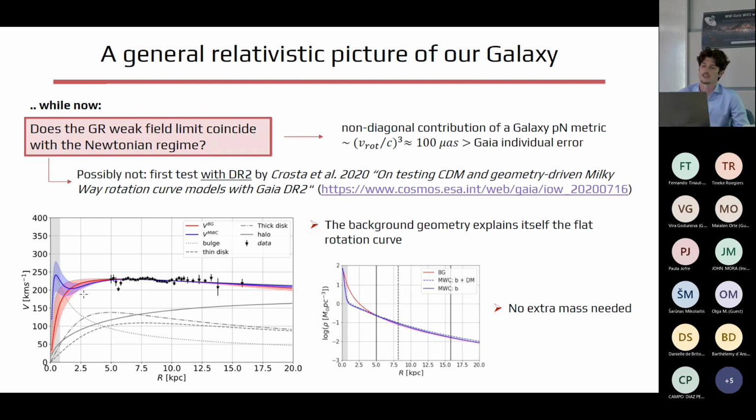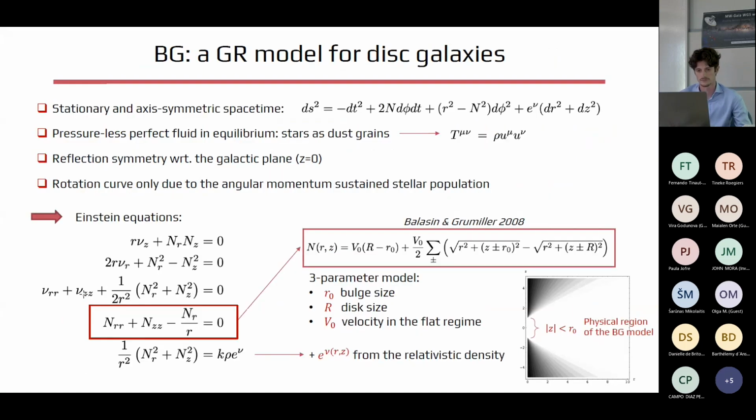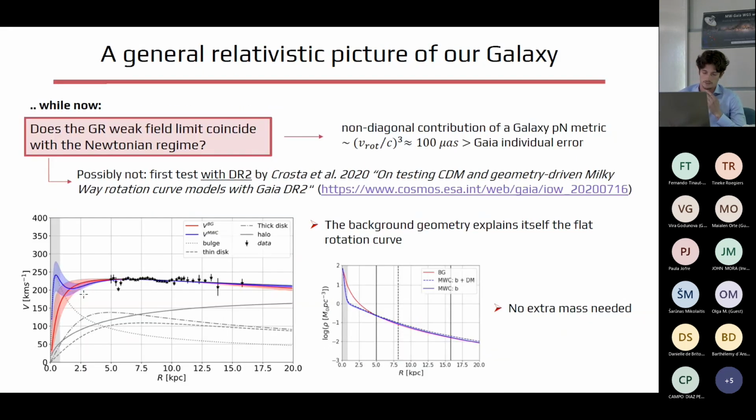But here, the role is played by the background geometry of the space-time, without need of extra mass. So we want to build a general relativistic picture of our galaxy, and this could be the starting point to pursue this aim.